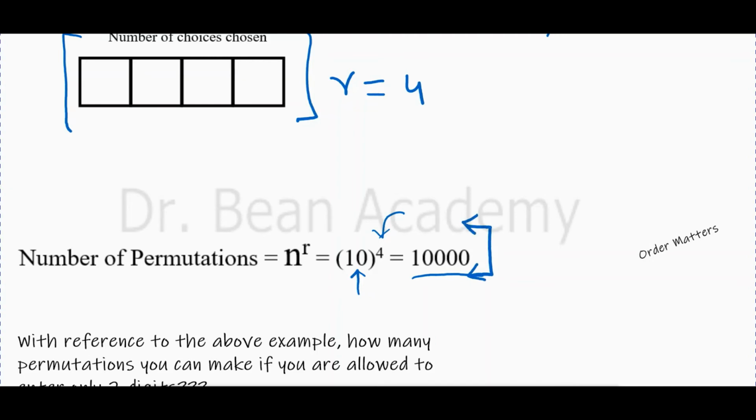Okay, the luck is different, because if I start with a certain number, for example, I try 1, 2, 3, 4 and luckily it was your code and I can open it, that's a different case. But 10,000 permutations are possible. You cannot make more permutations than this one.